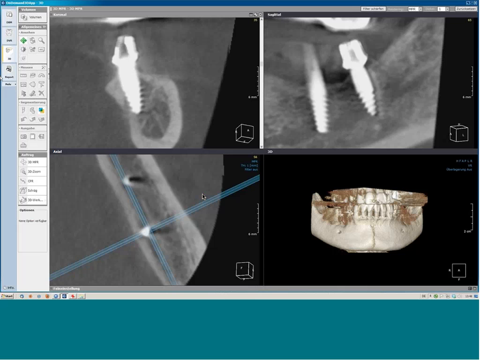Okay, here we are with both implants in the lower right mandible, and what you can see is a very typical situation when the implants are penetrated through the mandibular canal.